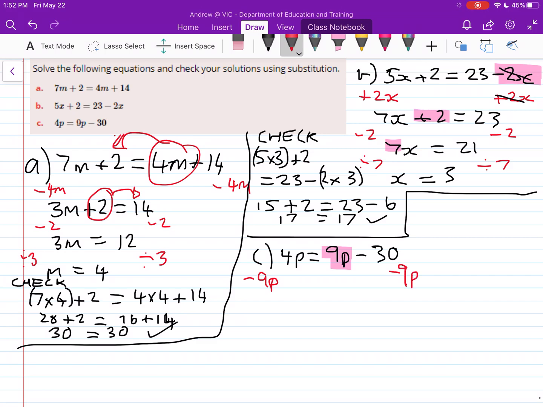So, with this, 4p minus 9p, so 4 minus 9 is negative 5p, is equal to negative 30. Okay, what we've got here is negative 5 times p. Just remember this is negative 5 times p. So to get rid of that, we need to divide by negative 5.